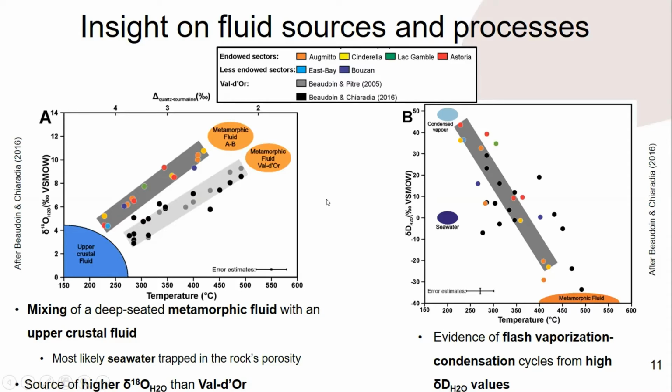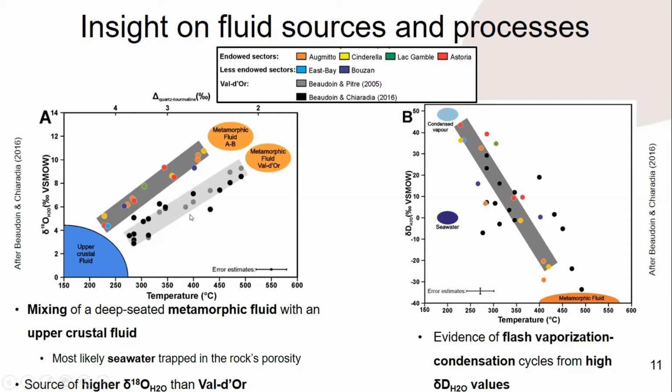isotopes. But for the oxygen isotopes, we see we have a high delta 18O and high temperature end member, which is likely metamorphic and plots into the typical metamorphic field of Sheppard 1986. But we can see with cooling, it goes progressively towards an upper crustal fluid, which is likely Archean seawater that's been trapped in the rock's porosity.